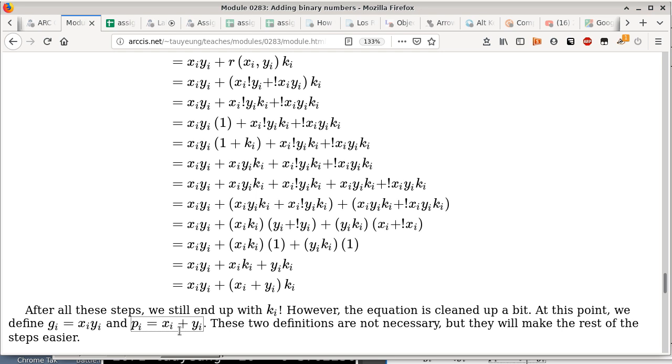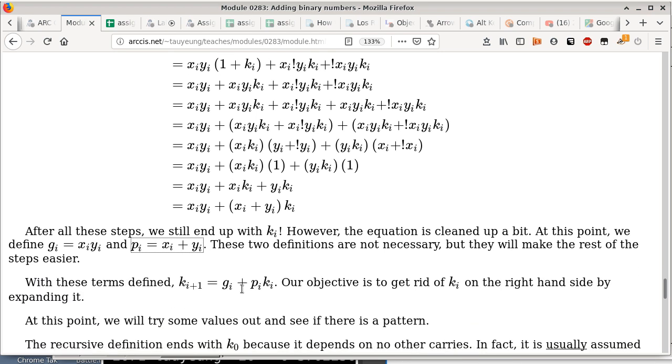Big deal, right? But you can see where we can use g_i, right here, and I can also see where we can use p_i, which is right here. So without a lot of trouble, we can now redefine k_{i+1} to be g_i plus p_i times k_i.